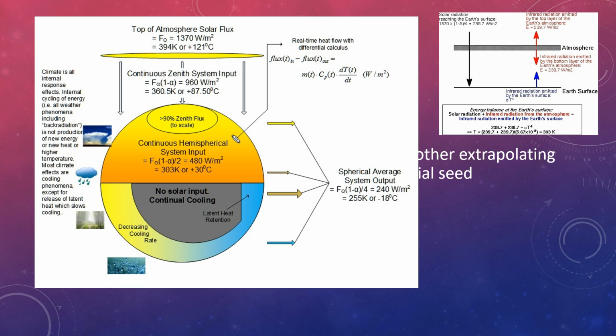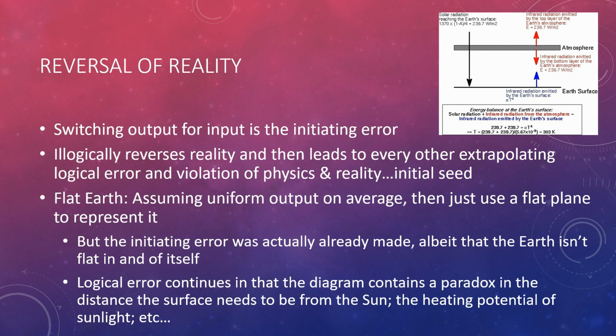The heat flow, they completely reverse it. They take this output and now make it the input, totally reversing the system. It doesn't matter if they don't say that that's what they're doing or agree that that's what they're doing. That's what they did. It doesn't matter if they think of it as something else. That's what's happening.